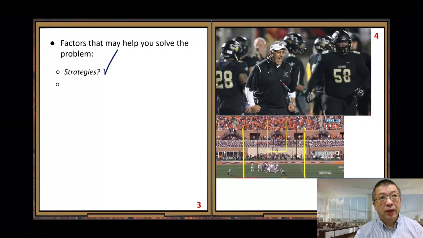From the picture you can see we are at a critical situation. Let's imagine it is the last few seconds, just a few seconds before the end of the game, that critical stage.